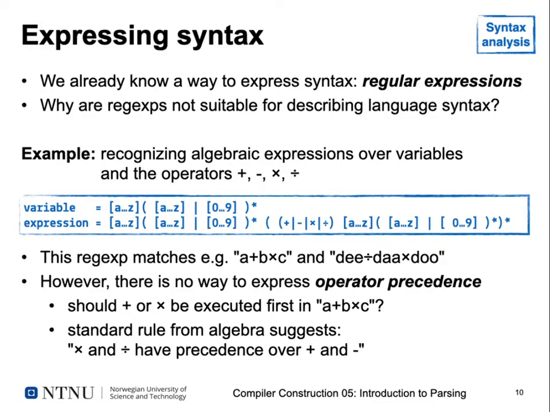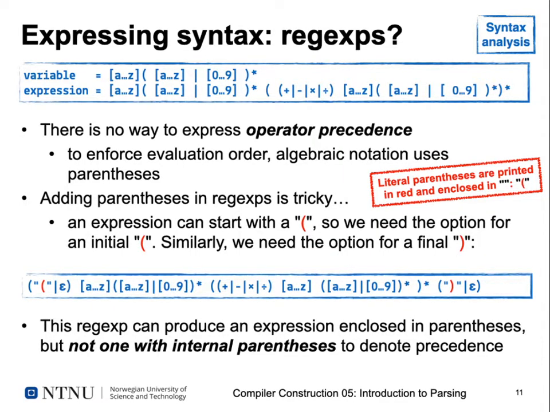So if you just try to evaluate such an expression from left to right, you'd add a plus b, and then you'd multiply the sum of a plus b with c, which gives us an arithmetically incorrect result. So we need some way to express this operator precedence, so to express a hierarchy or an order of evaluation in our expressions here to get the syntax right.